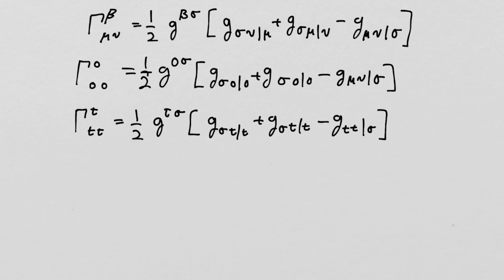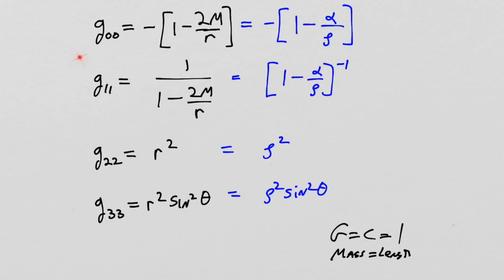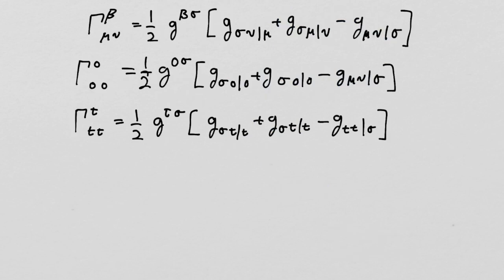So we look at this, and we see that these two are derivatives with respect to the time coordinate. But if we go back and look at our matrix elements, of which there's only 4, we see that none of them are functions of time at all. So these are immediately 0.